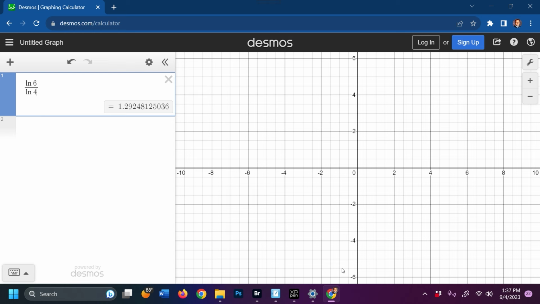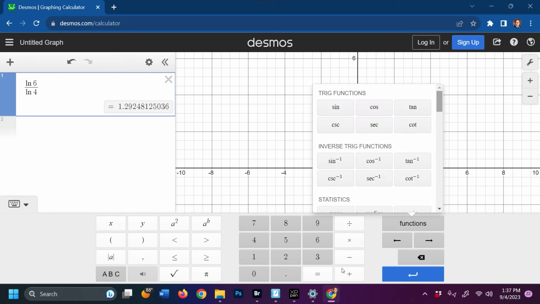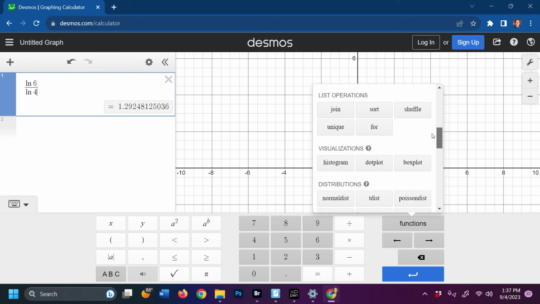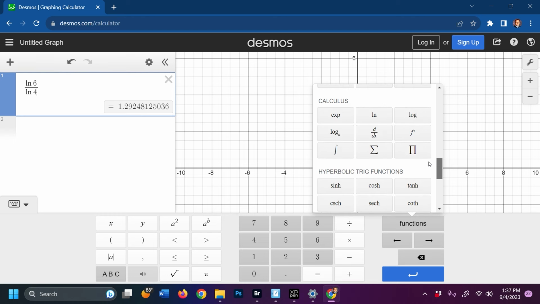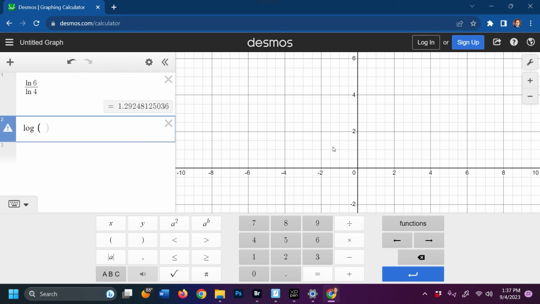Now, Desmos also has a change of base formula in it. If you pull up the keypad and go to functions and then scroll down almost all the way to the bottom, you'll get to calculus where you have log base a. If I click that log base a, it gives me that subscript, so I can type in the 4 and I can type in the 6 and that will give me that same logarithm.